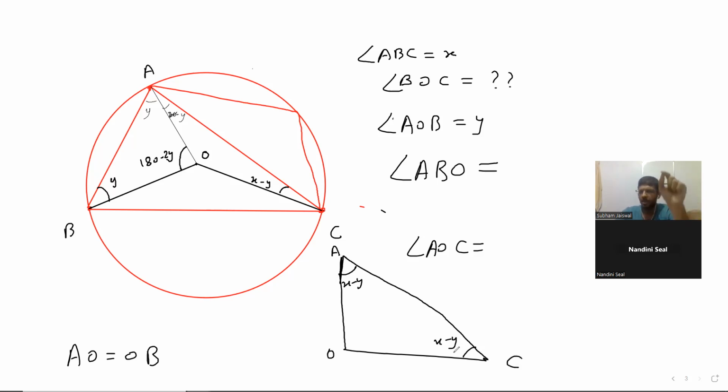I'm just drawing the picture separately. And you know that AO is equal to OC. I mean, you don't even need that. You can just find the third angle. So you have a triangle. Two angles are given. Find the third angle.